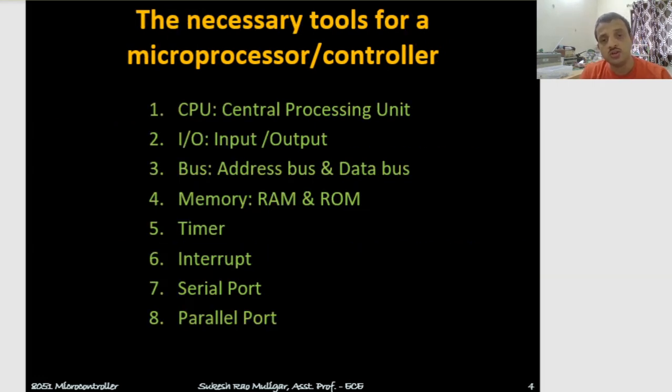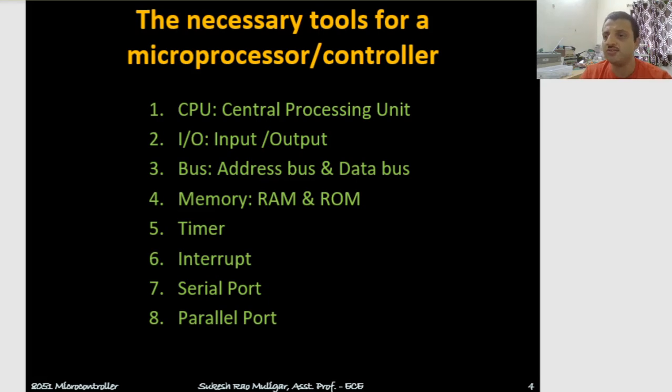What are the components that we need inside a microcontroller or a processor? The major component inside a controller or a processor is a CPU, which is the central processing unit, an IO port, an address bus and data bus, and memory. These are the basic components inside a processor.